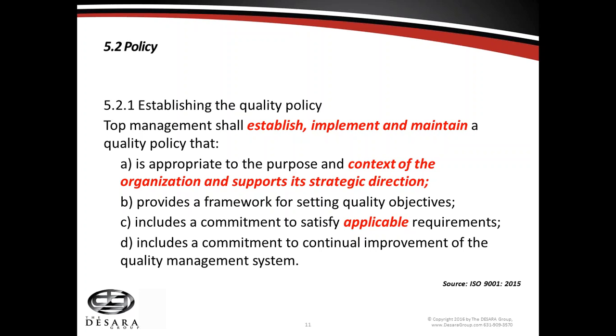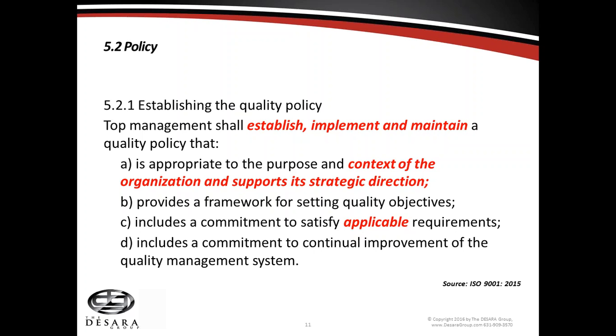As we step through the individual bullet points, the new words show up again in red. The policy should be appropriate to the purpose. That was in the old standard. And now we've added it: appropriate to the context of the organization. Remember the context back in 4.1? So we want this policy to be appropriate to the context of the organization, whatever that context is, technological context, financial context, all the things that we talked about when we talked about 4.1, and supports its strategic direction.